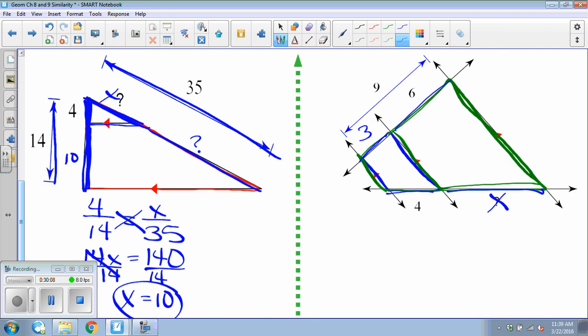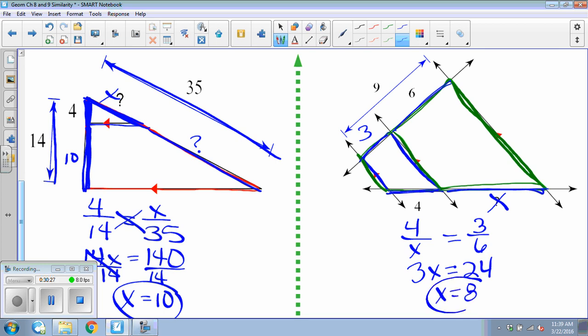So all the little parts are proportional too. So 4 over x equals 3 over 6. So 3x equals 24, x equals 8.